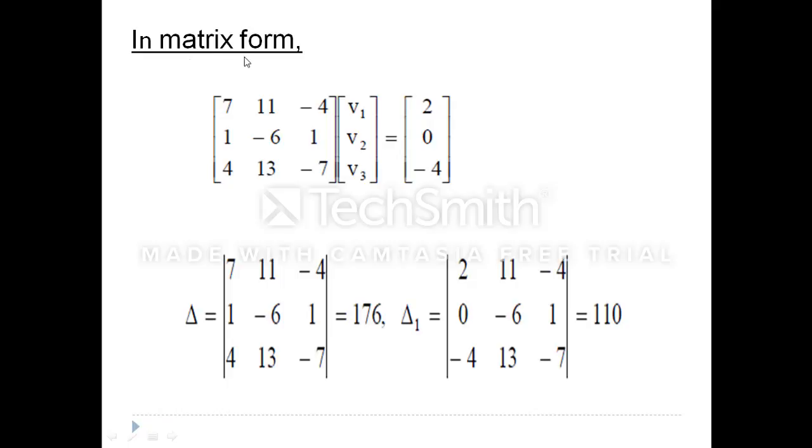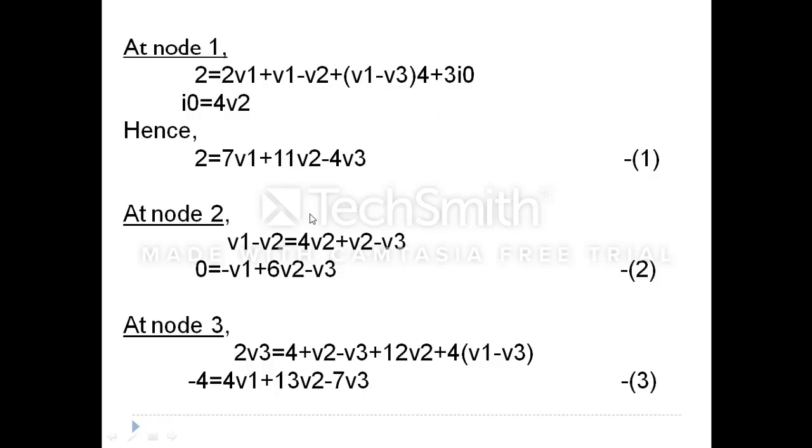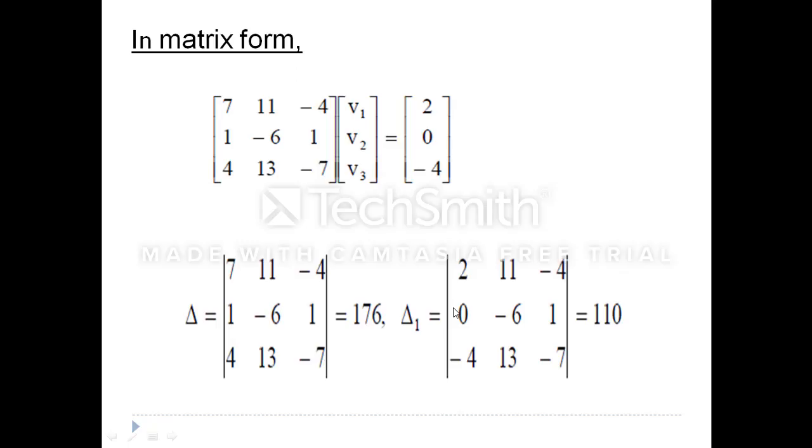You can write all 3 equations in matrix form, the coefficient matrix with rows 7, 1, 4; 11, minus 6, 13; minus 4, 1, minus 7, multiplied by V1, V2, V3 equal to 2, 0, minus 4. After this you have to find delta, the determinant of this coefficient matrix, which is equal to 176.